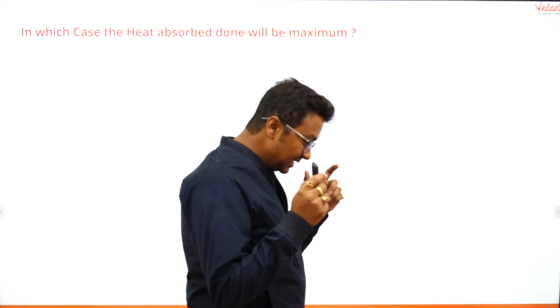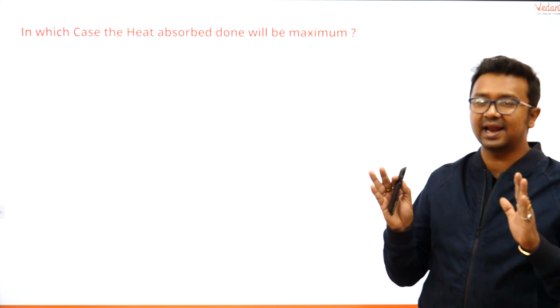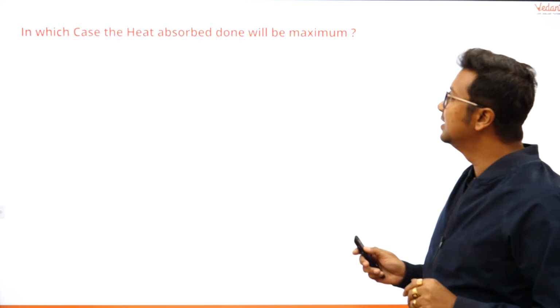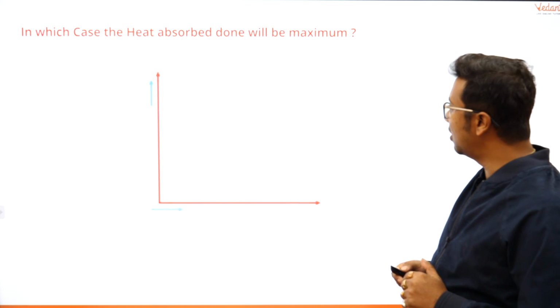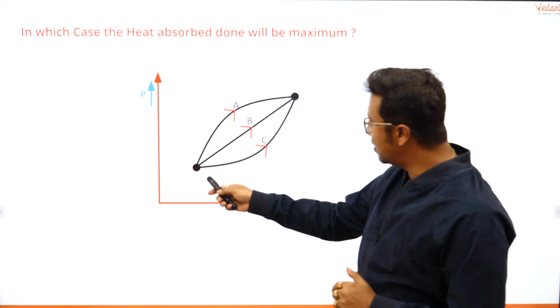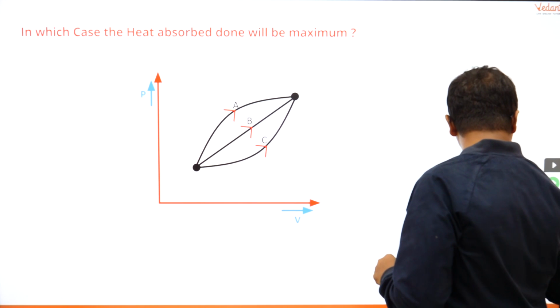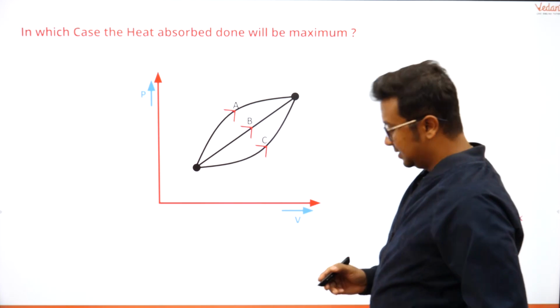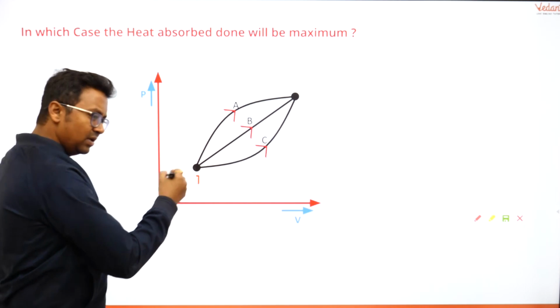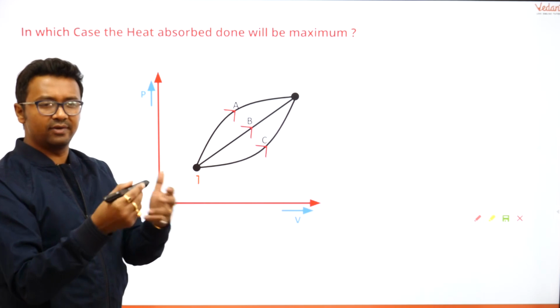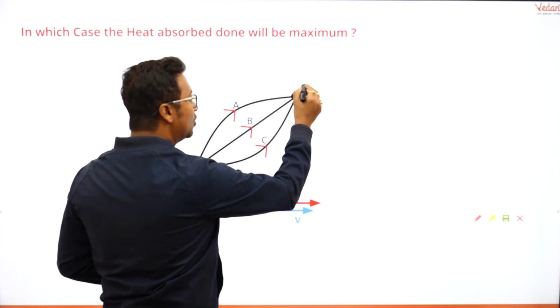So this is the first understanding of a question that we have. We have an indicator diagram here, which goes from the initial state, state 1, and then goes to state 2.